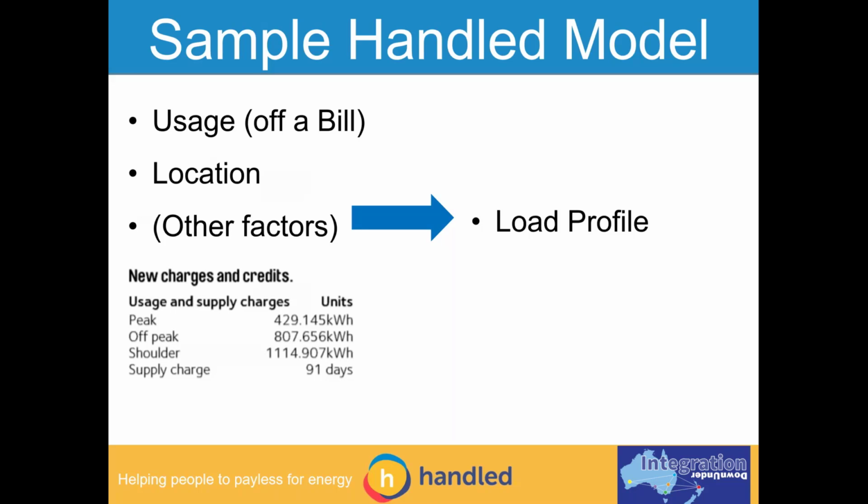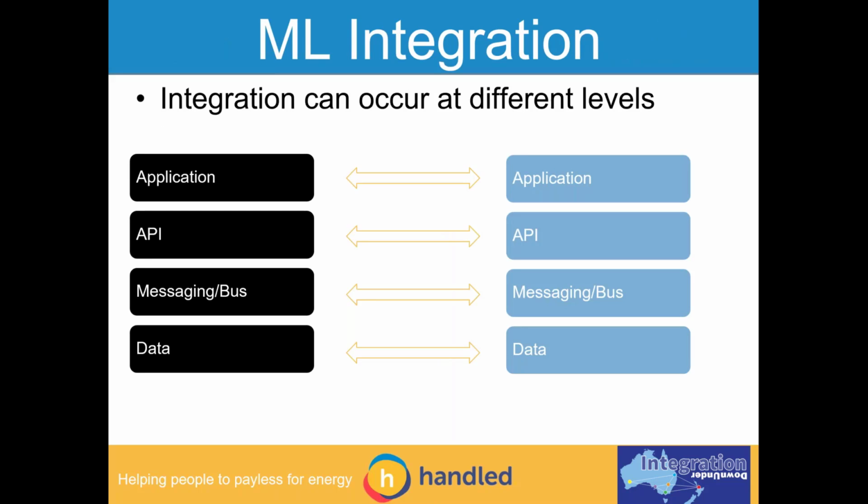So if we look at integration into machine learning, just to take a step back for a moment, we can integrate at many different levels, and they can broadly be bucketed. Down at the data level, we can integrate at some sort of data layer, just having rows and record sets moving around between data repositories, with most likely the applications living above them totally unaware that that's going on.